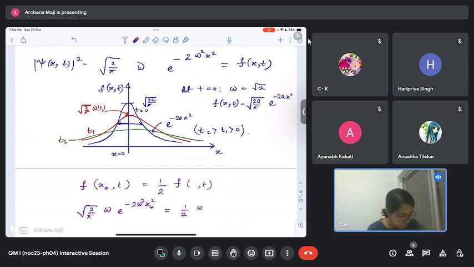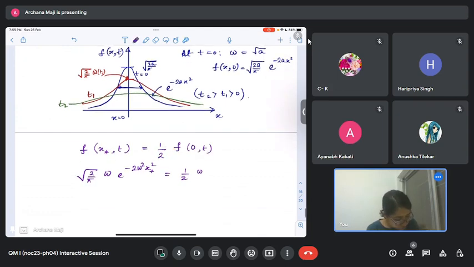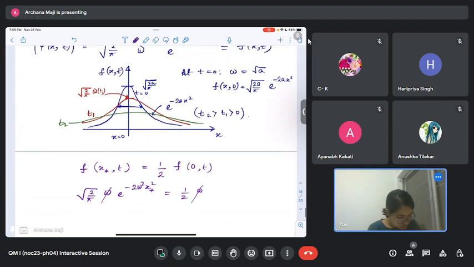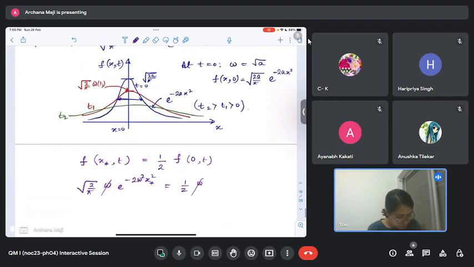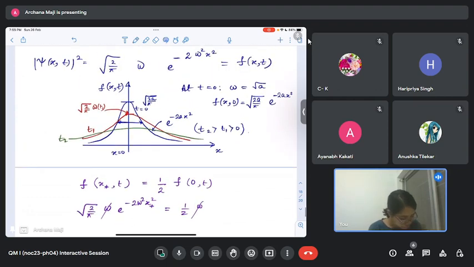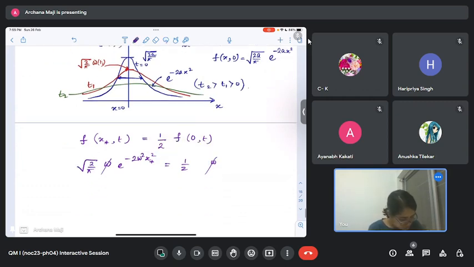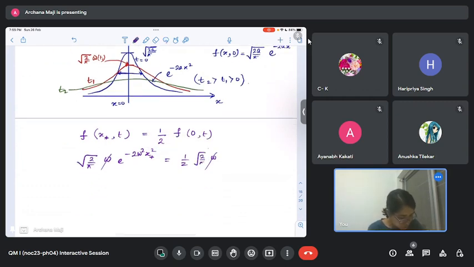When is it maxima? At x equal to 0 it's maxima, so it's half of square root 2 by pi omega. So at x equal to 0 the value of the function is maximum. We need to figure out what x star is when the value of that function will be half of its maximum. So the square root 2 by pi omega factor gets cancelled out.